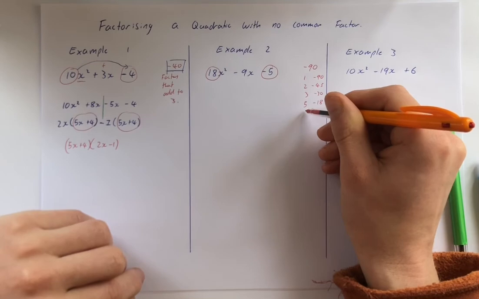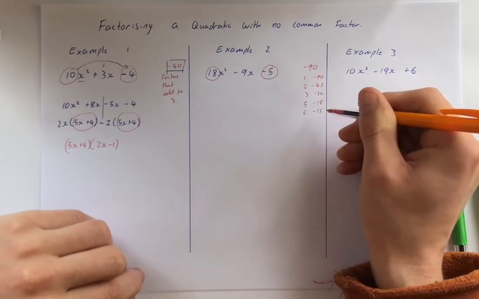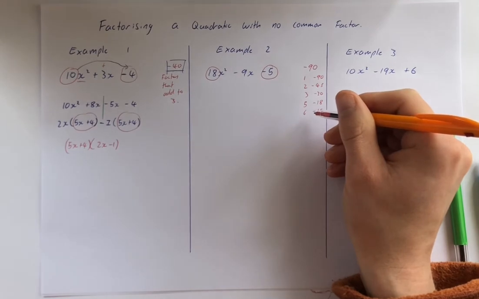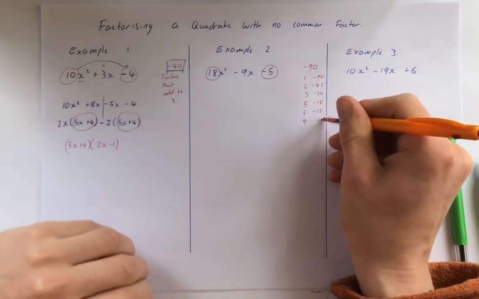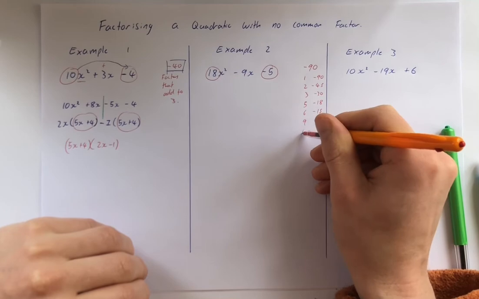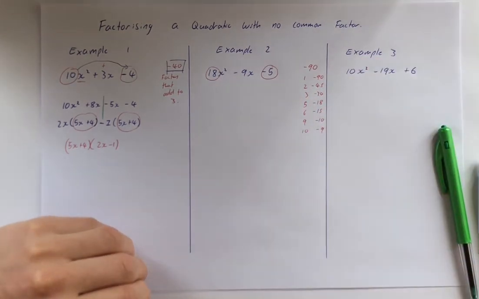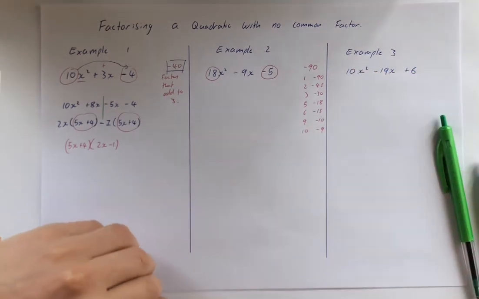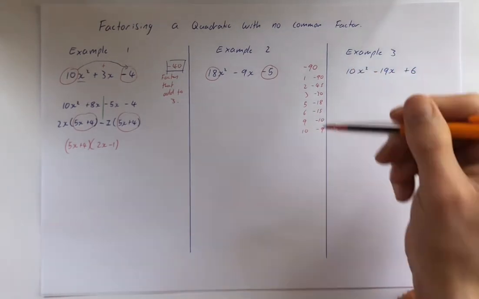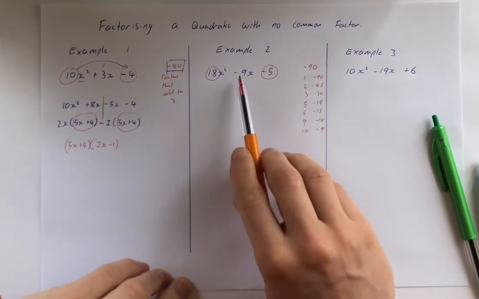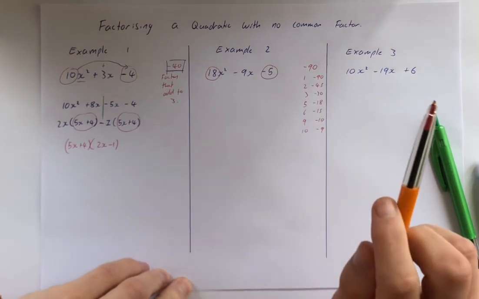What have we got next? 6 and negative 15, 7, no, 8, no, 9 and negative 10, 10 and negative 9, and then I think we're just going to start going through those numbers again. So you could list them all and then try and find 2 that add to negative 9.